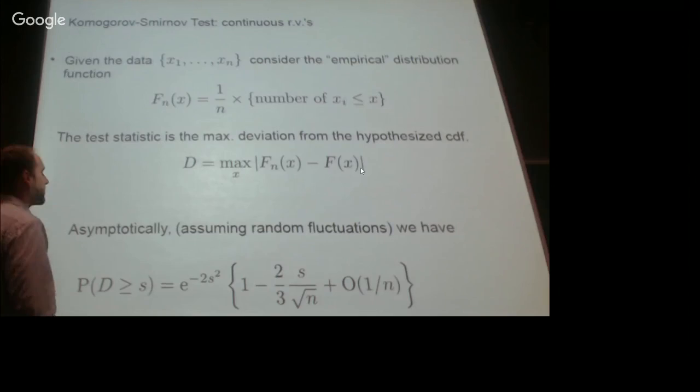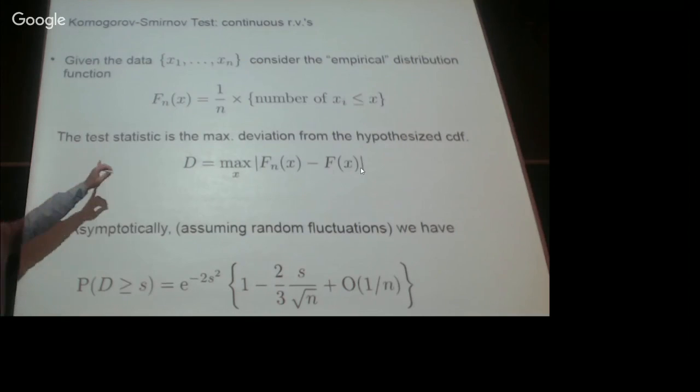All right, so our test statistic for the KS test is going to be the maximum deviation of the empirical distribution function from the distribution function specified by the null hypothesis. It might look a bit scary because we have to take the max over all possible x, but in fact it's not.